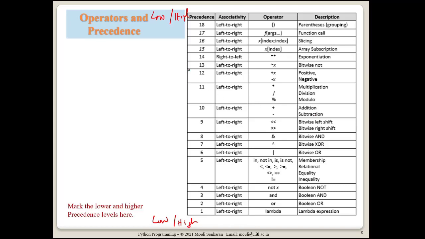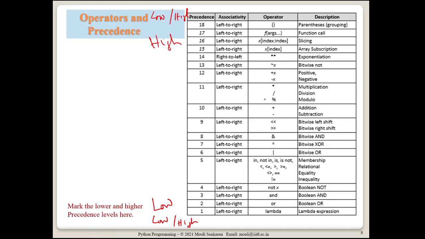Sorry, 18 is high. Okay, of course. Then this is low. Anyone else? Anybody wants to contradict him, or all of you agree with him, or you don't have any opinion?